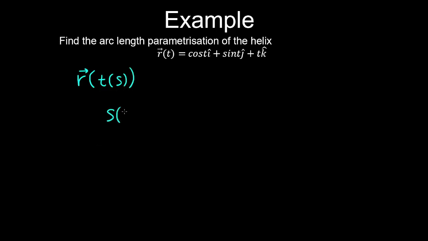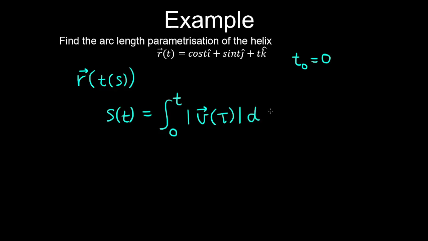Recall that the arc length function was equal to the integral from an initial t, which we'll take to be 0 as it's not given in the problem, to t, of the magnitude of the velocity vector, using the dummy variable tau, and we integrate with respect to tau. We've obtained the magnitude of the velocity vector previously as root 2 for a helix. I'll let you verify this as an exercise.